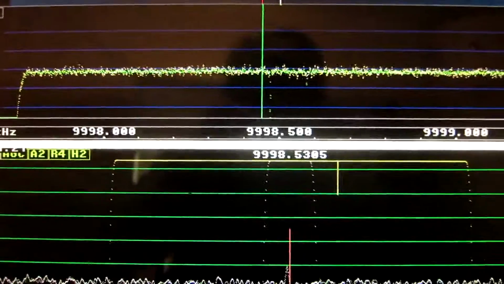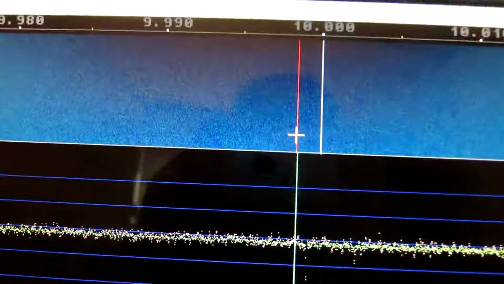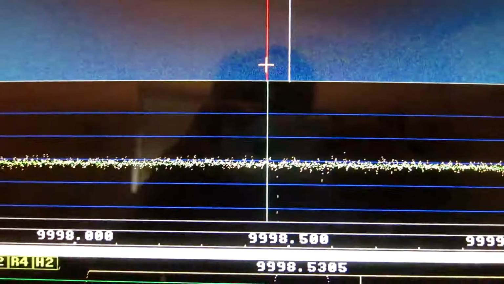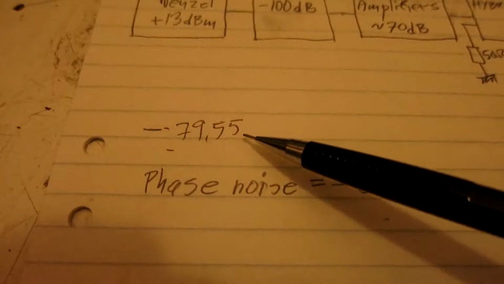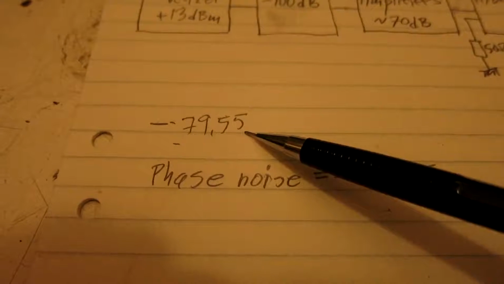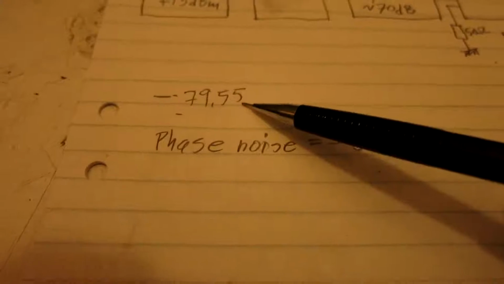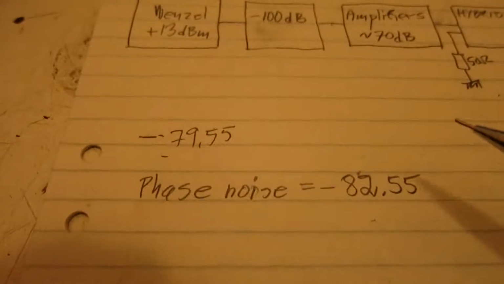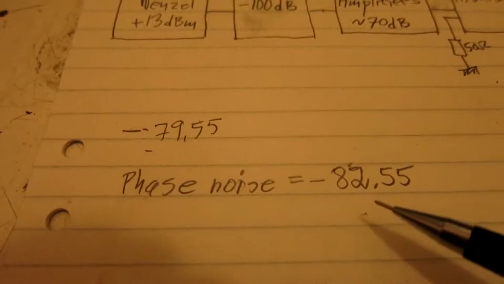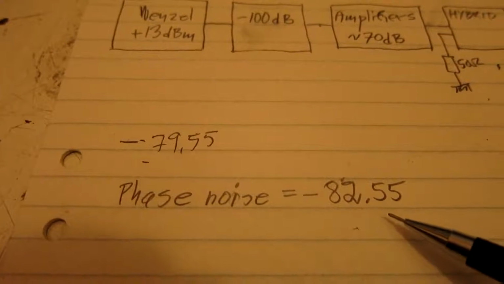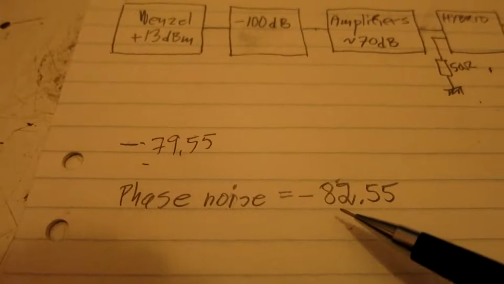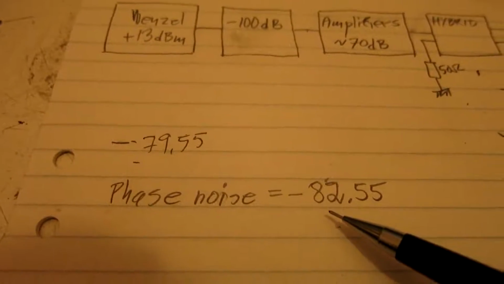So this is perfectly okay to neglect. With the composite noise measured as the total power on one side of the carrier at -79.55, the phase noise has to be -82.55, and the amplitude noise has to be the same.